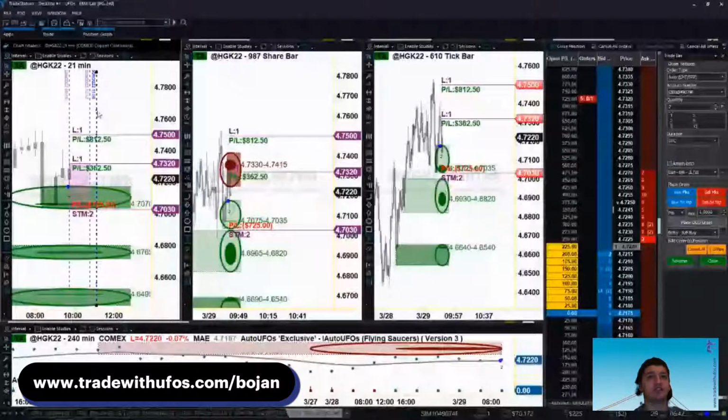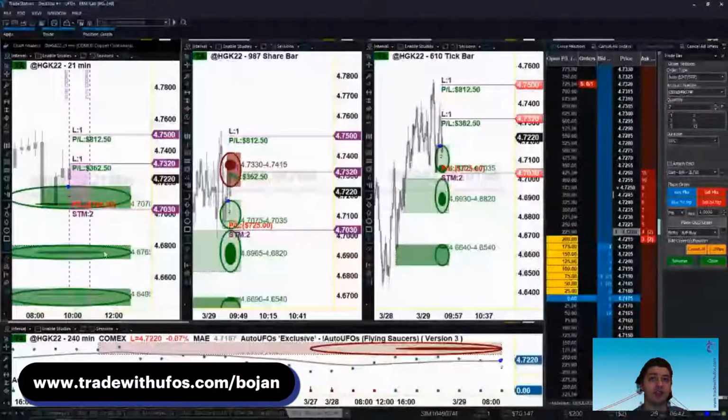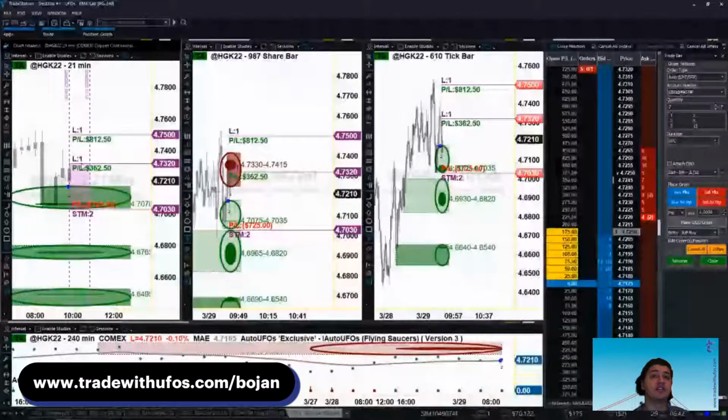Well, we essentially designate a time limit for a trade to work. Because when you have all this stuff going for it, which is the moving average, the auto UFOs, the auto climate, and it's still taking forever just to get you a T1, then there's a good chance that either there's a market shift or things are just being very much sideways, and you're going to get a full stop out.